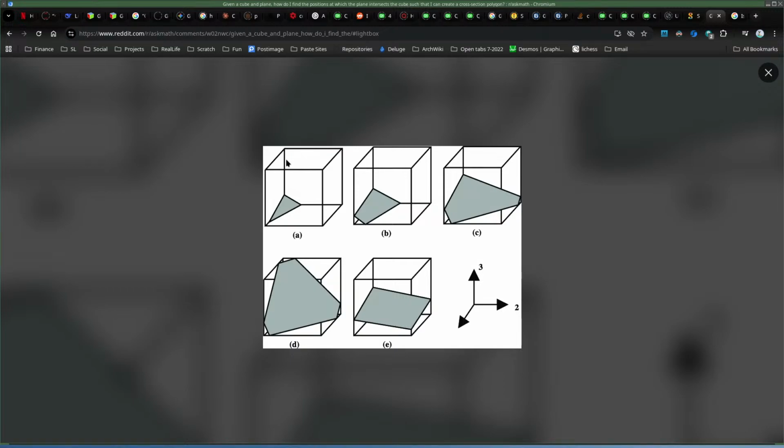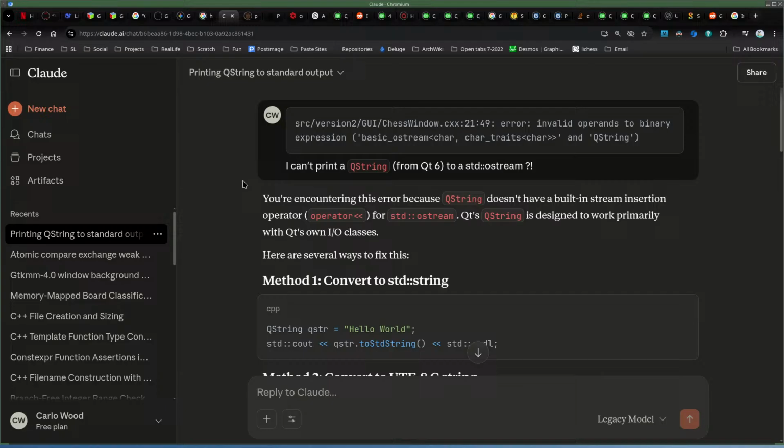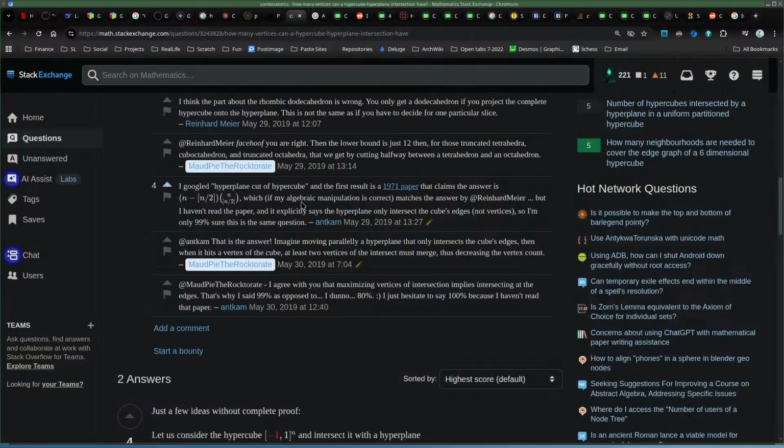But then for 5 dimensions, so 5 dimensions is just 5 times 4 is 20. And the answer was... What am I doing here? Claude. I think I wanted to click here.